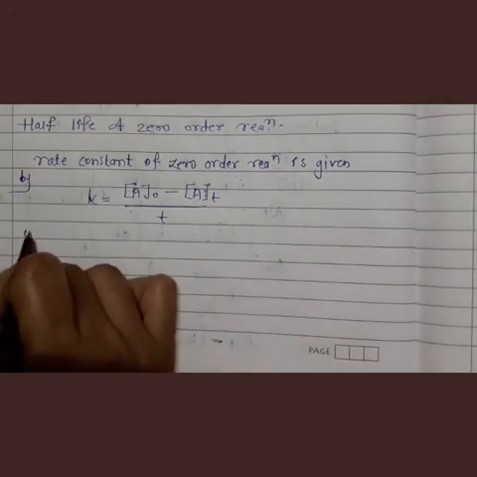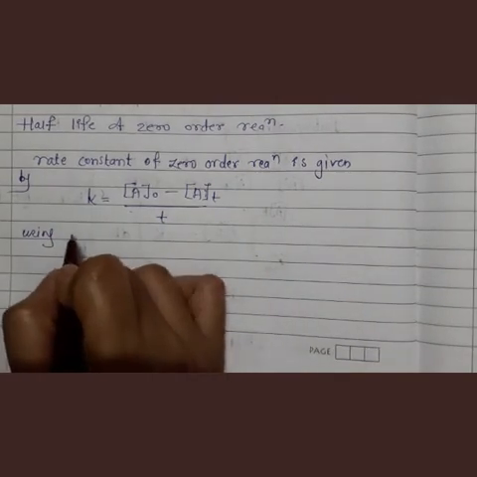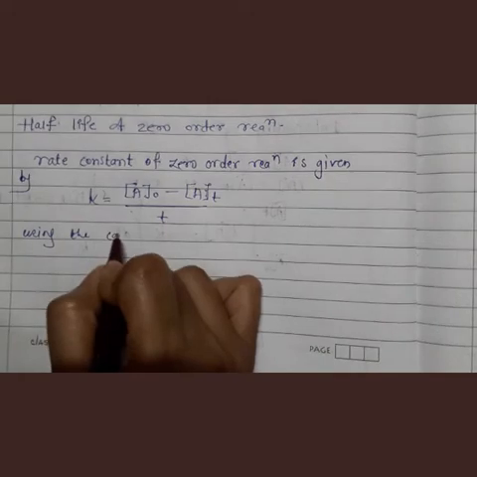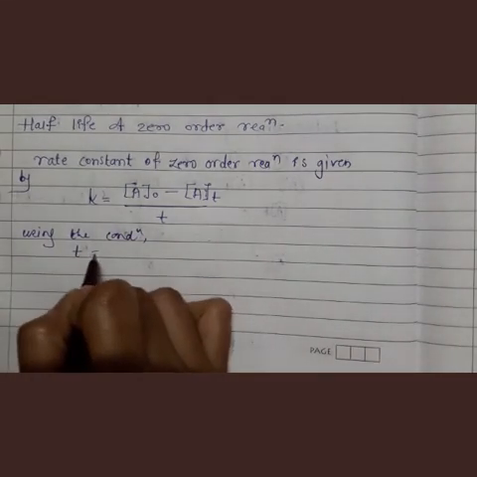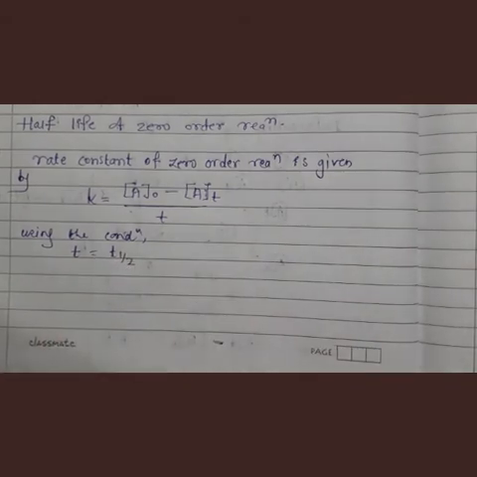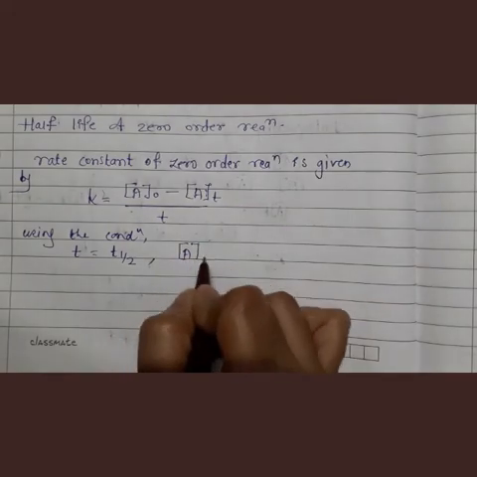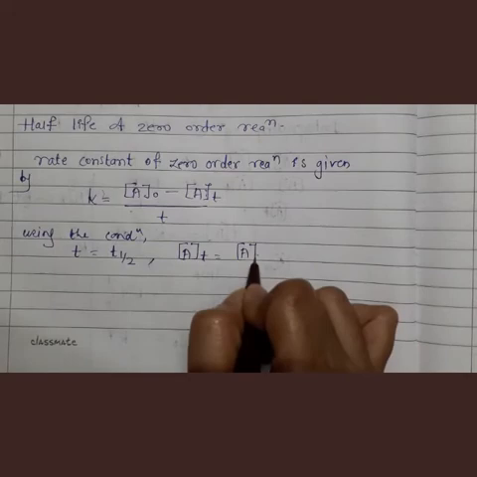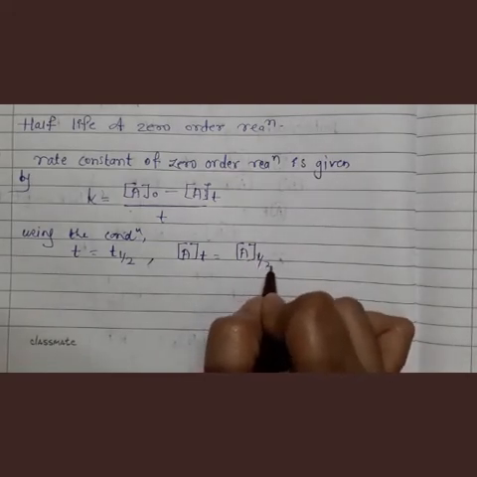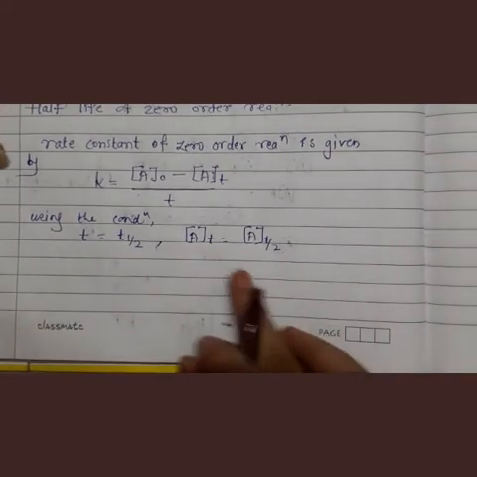What are the conditions? Time we have to take as T half, and the final concentration of reactant we have to take as half of the concentration, means A half.